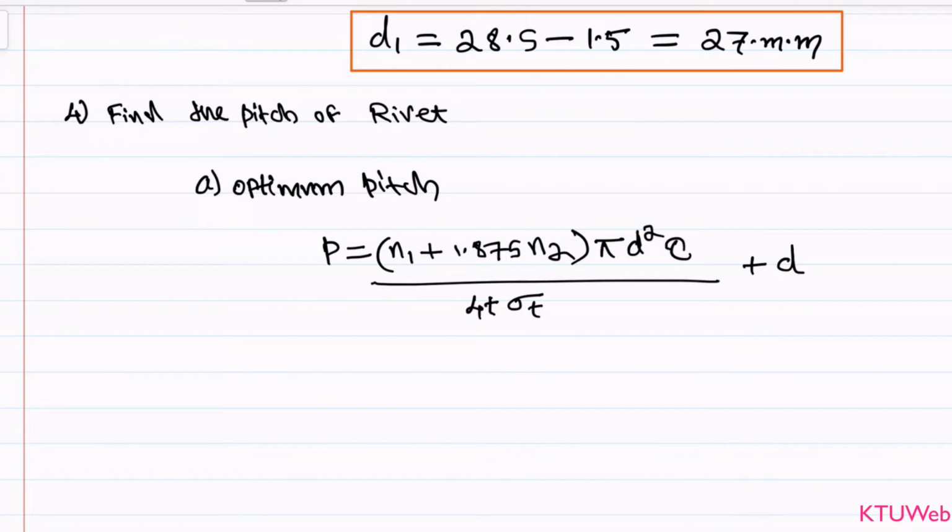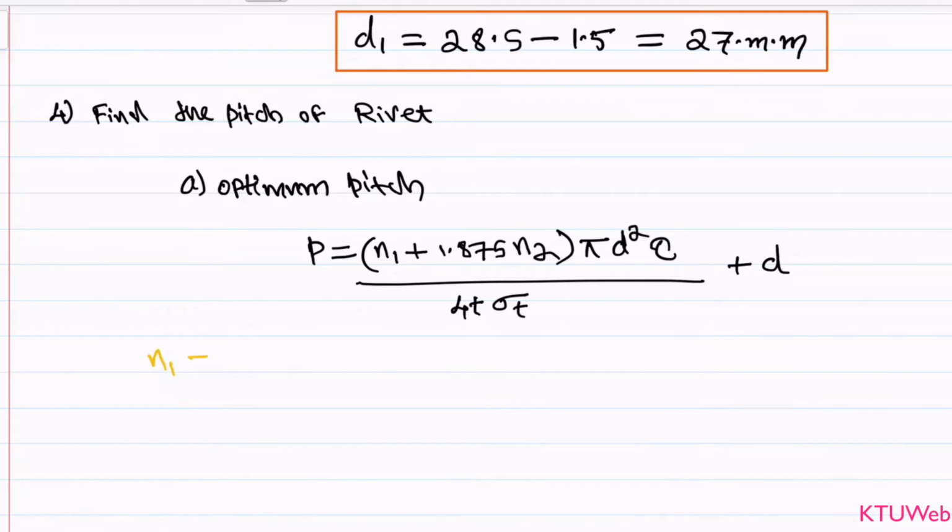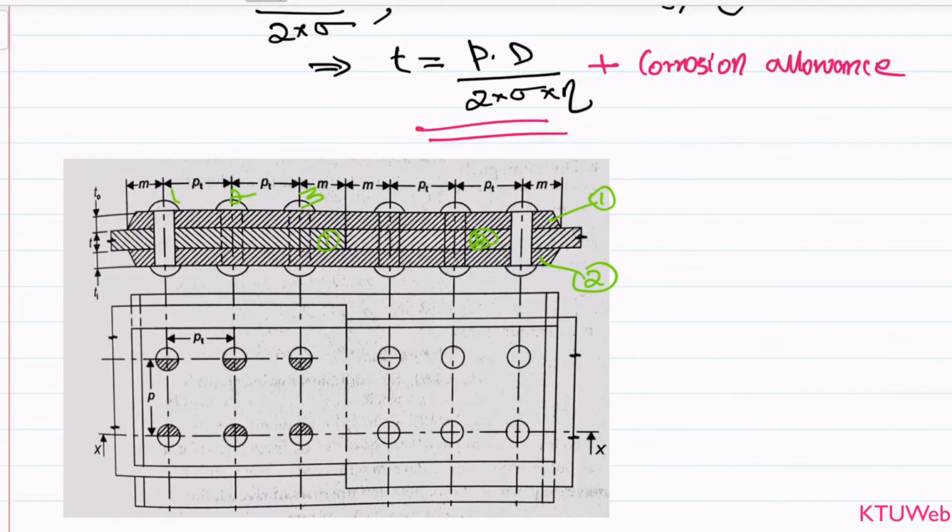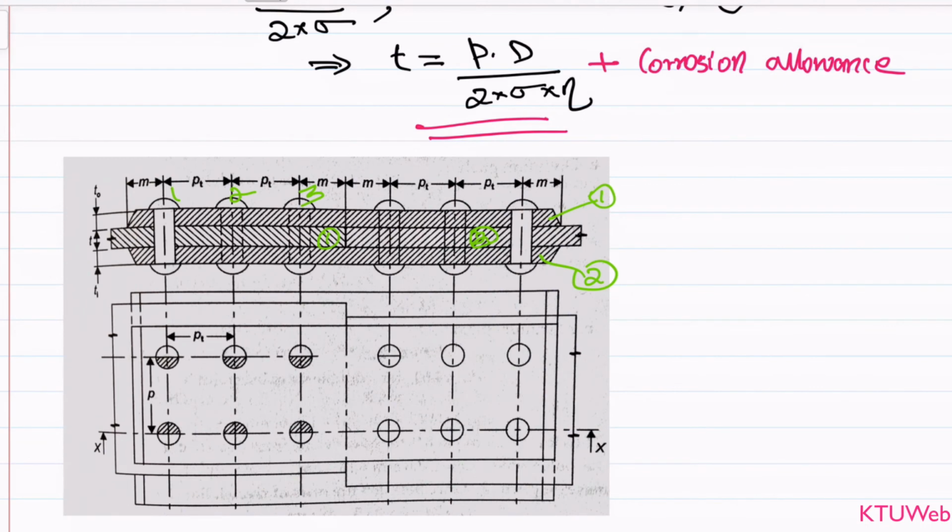Here we have two variables, N1 and N2. N1 is the number of rivets in single shear, and N2 is the number of rivets in double shear. Now we have to find these numbers. You can see in this image, this is a butt joint. That means all the rivets are in double shear.